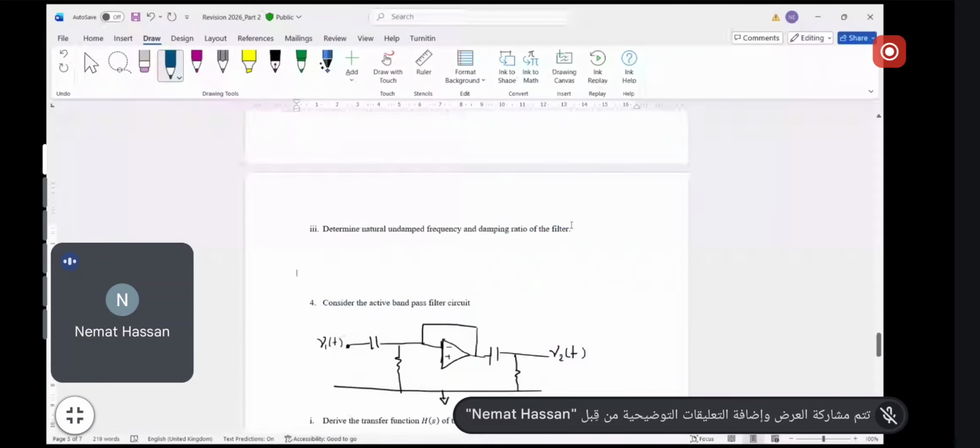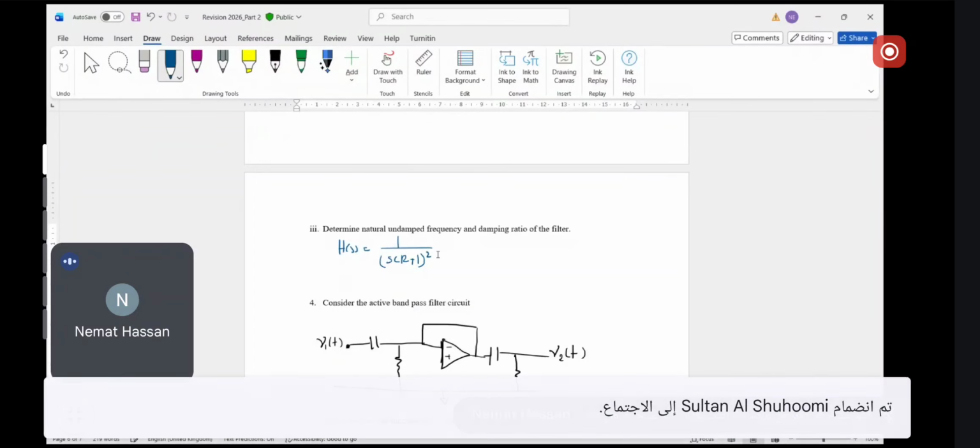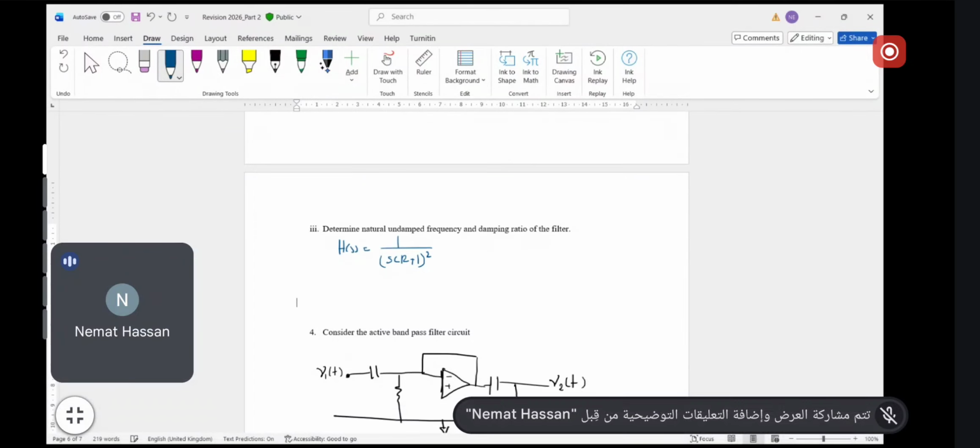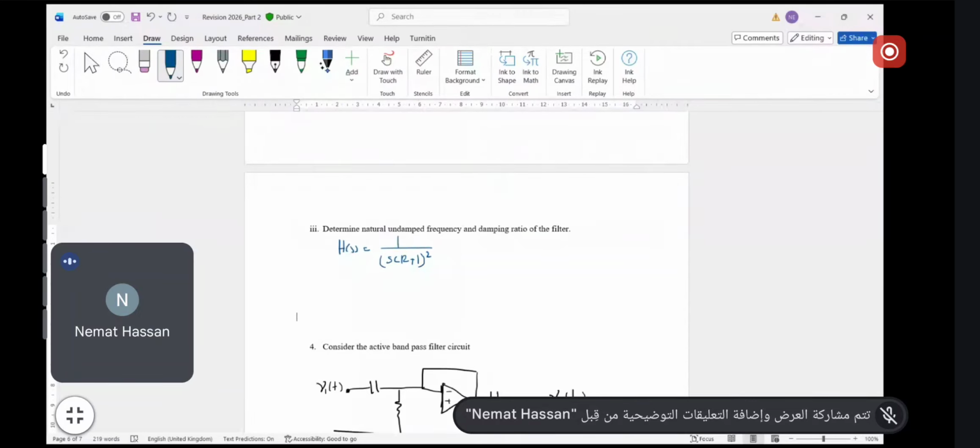So the transfer function H of s is equal to 1 over SCR plus 1 squared, right? And if you remember when we were studying damping ratio, undamped frequency, damped frequency, all of this was based on the standard equation for a second order system, right?